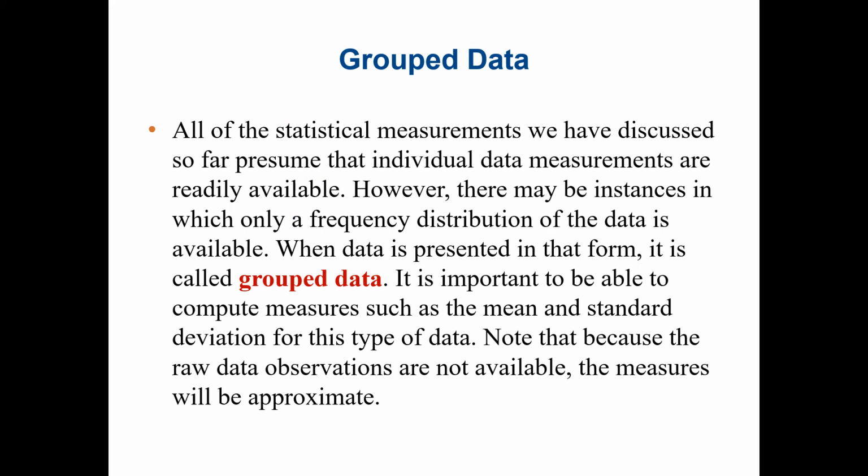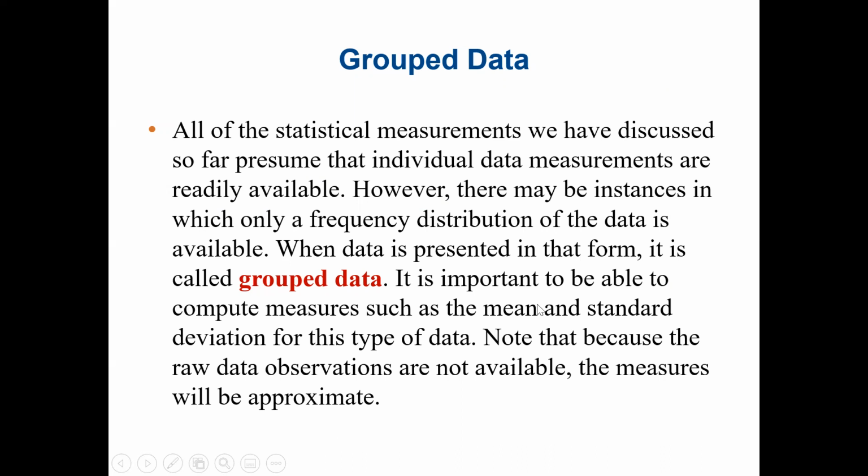Patients whose blood pressure is between 121 to 130 are 3. So now, we don't have a specific value, for example, one patient's blood pressure is 121. But here we are saying between an interval. So we may consider this as group data. When data is presented in that form, it is called group data.